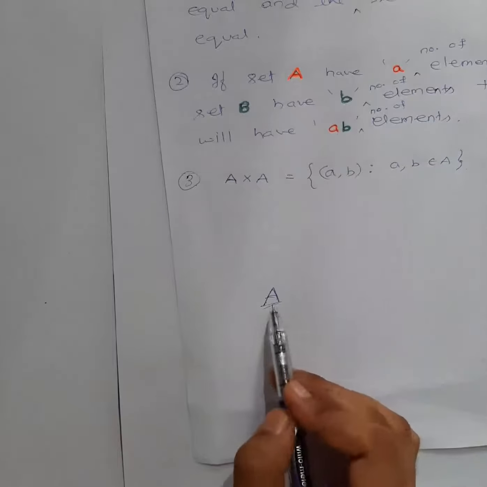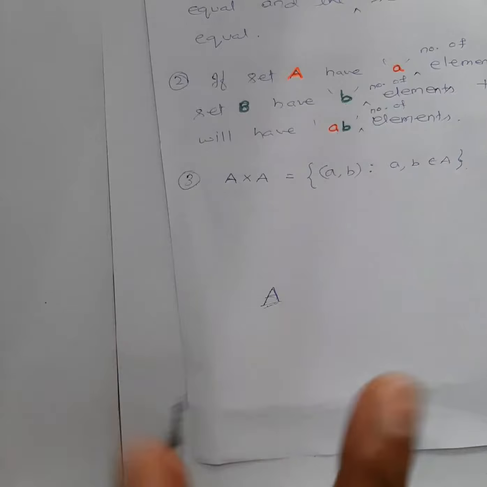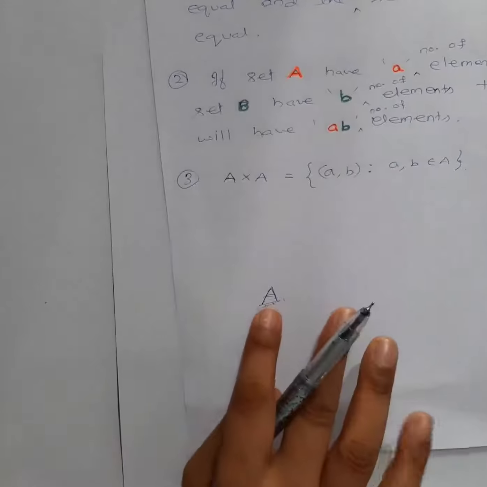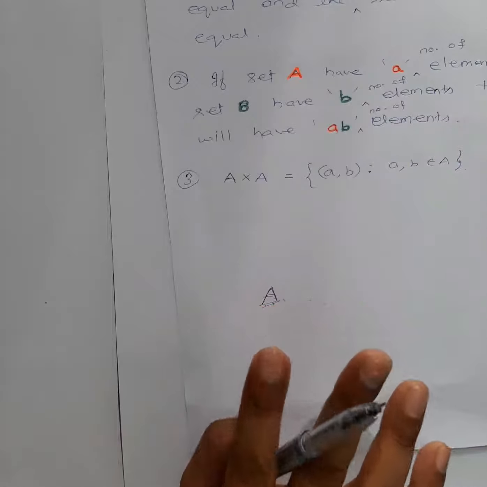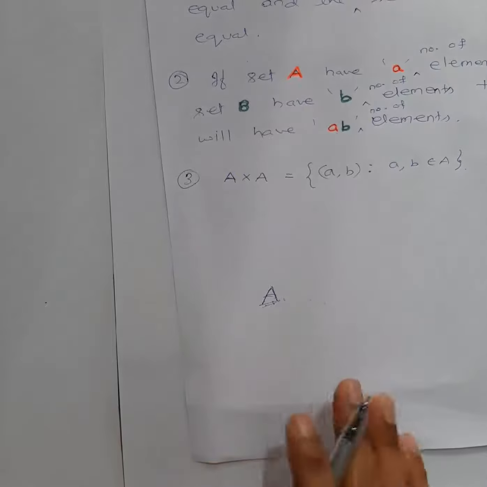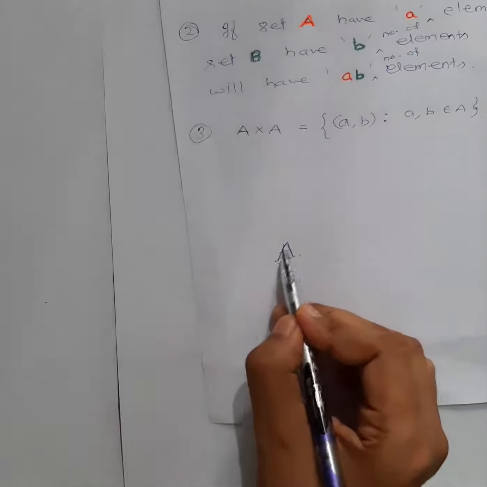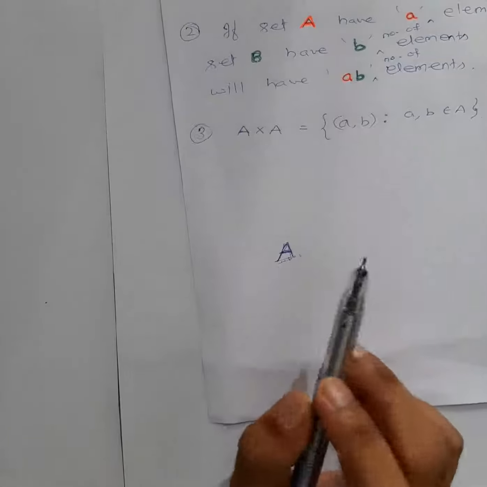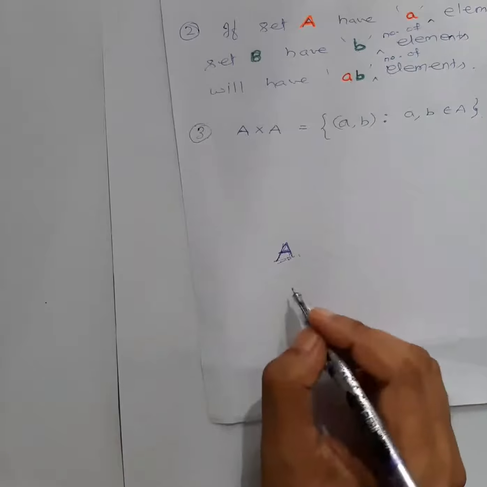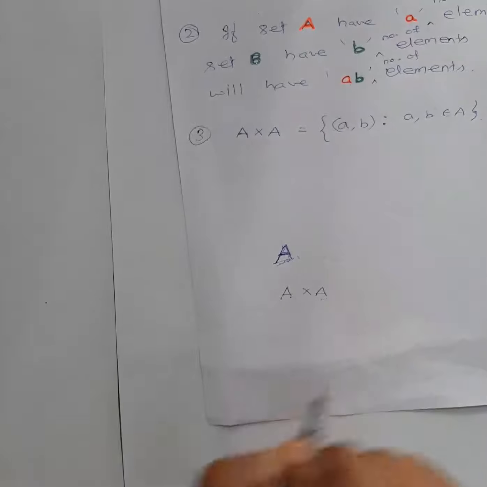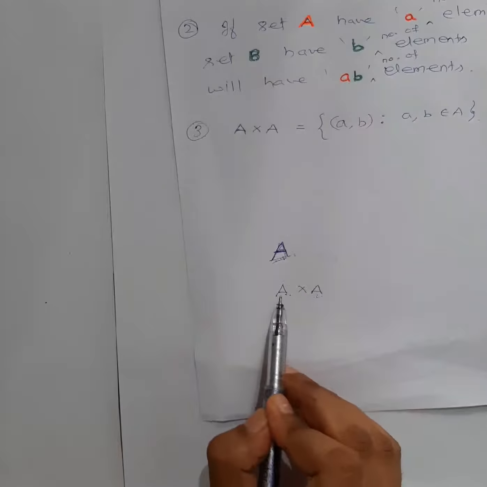We know that in relation you need a minimum of 2 sets, because you have to make a relation between 2 objects. With one set you cannot make it. So what they mean when they give you only one set, and ask you to write down the Cartesian product of it, is that we have to make the Cartesian product between itself only, between A and A.